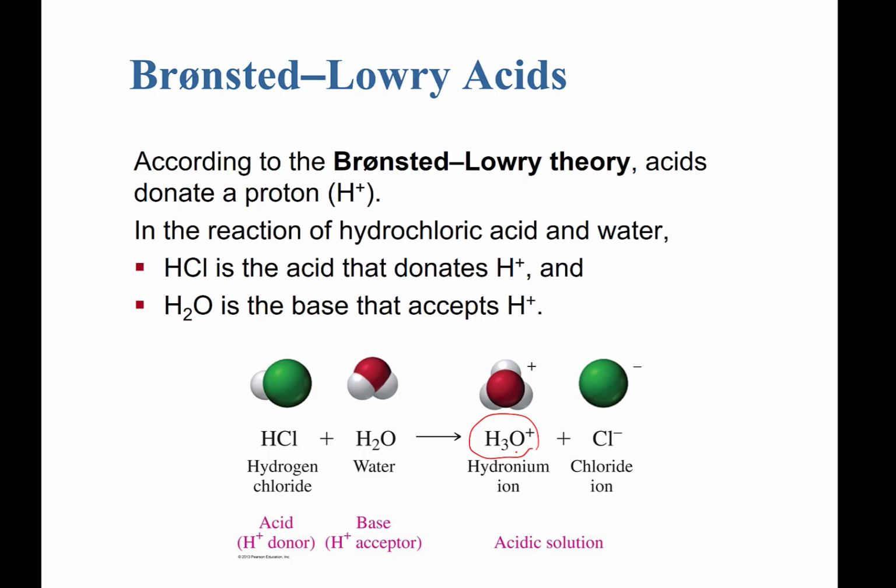I can already tell that this is an Arrhenius acid because it produces H+. But as far as Bronsted-Lowry goes, if I look at the HCl and then at what's left on the other side, I've lost an H, which means it is the H+ donor, the proton donor. That means that one is the acid.